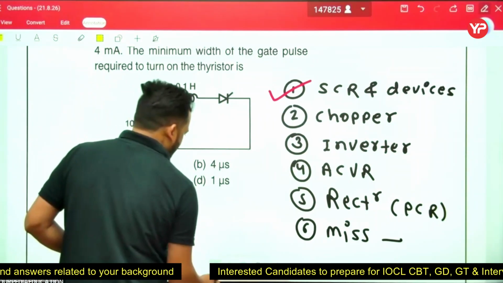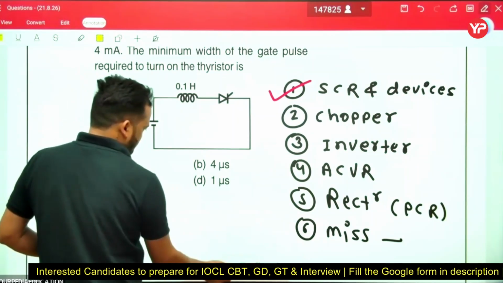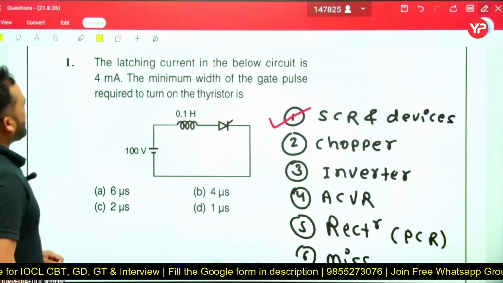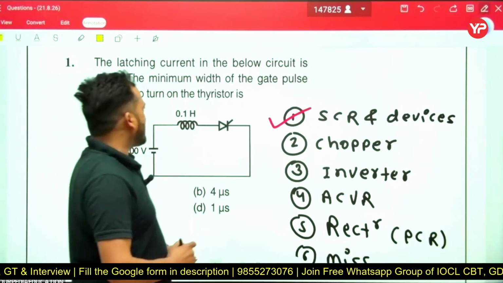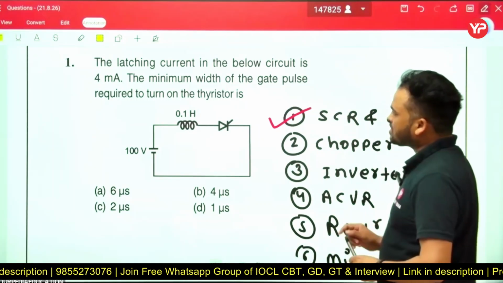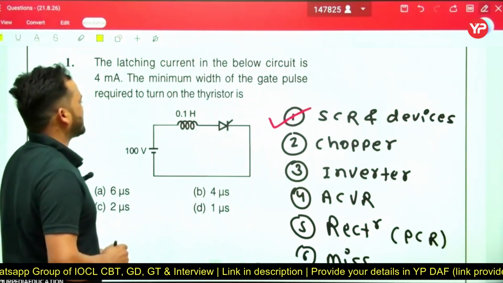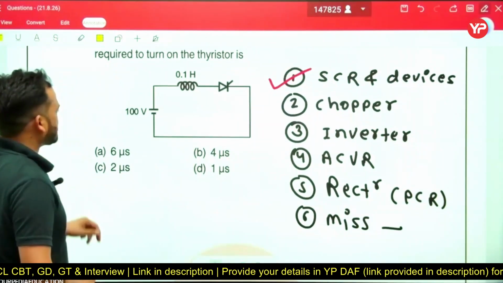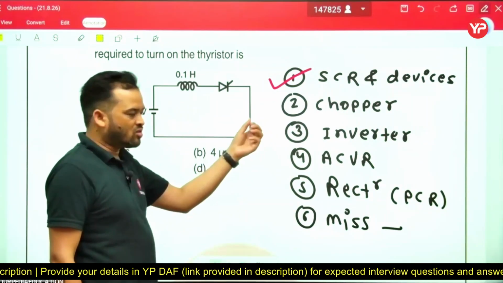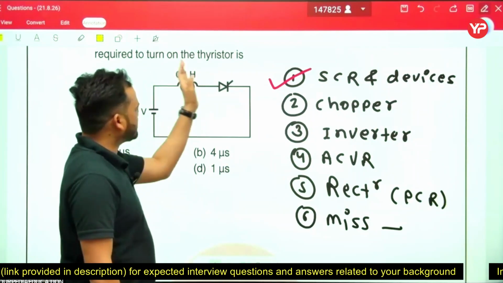First question on your screen. The latching current in the below circuit is 4 milliampere. The minimum width of the gate pulse required to turn on the thyristor is? In this type of question, first you assume the thyristor is in conducting state, or we can say the thyristor makes a short circuit, and find the current in the circuit.